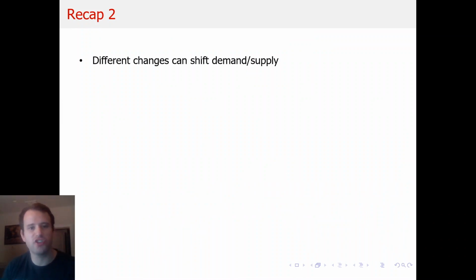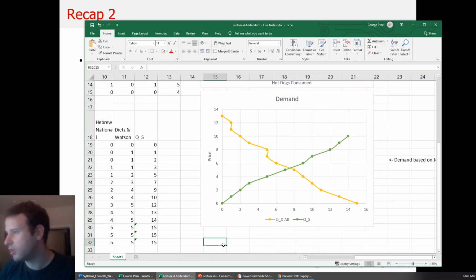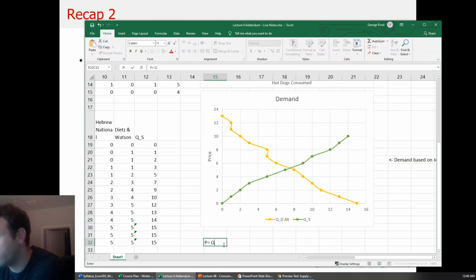So different changes can shift demand and supply. What do I mean by that? Remember that supply and demand are functions. Supply is a relationship between your quantity supplied and your price, and demand is a relationship between your quantity demanded and your price. So this could look like price equals quantity supplied times 6 plus 4.